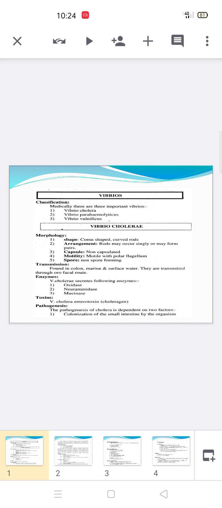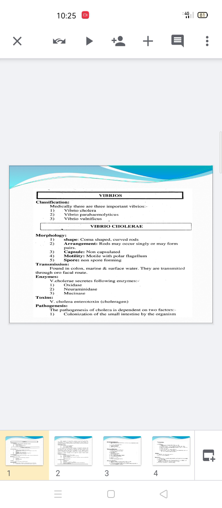This microorganism produces two types of enzymes, oxidase and mucinase. Oxidase is a property of the gram-negative Enterobacteriaceae, produced in the majority of them, while mucinase is produced by this Vibrio. It also produces a single type of toxin.